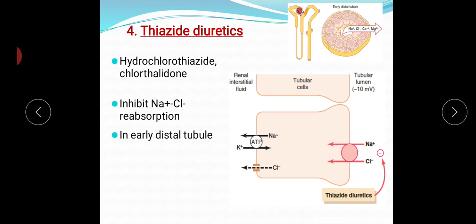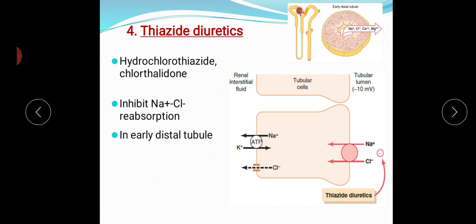But thiazide diuretics like hydrochlorothiazide and chlorthalidone inhibit this pump, and by that they prevent the reabsorption of sodium as well as chloride. So it will again increase the osmolarity of the distal tubules, and that will secondarily prevent the water reabsorption. Mainly these thiazide diuretics and loop diuretics work at the thick ascending limb and the early portion of the distal tubules.